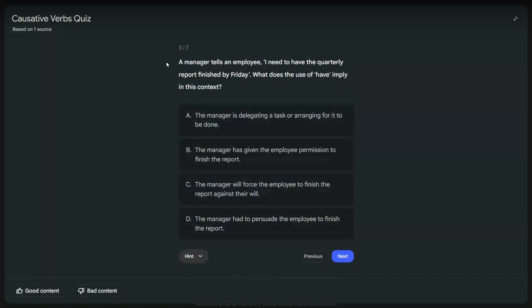Third one: a manager tells an employee, I need to have the quarterly reports finished by Friday. What does the use of have imply in this context? The manager is delegating; the manager has given the employee permission; the manager will force the employee; the manager had to persuade the employee. Someone says C, like force. Make is for forcing.